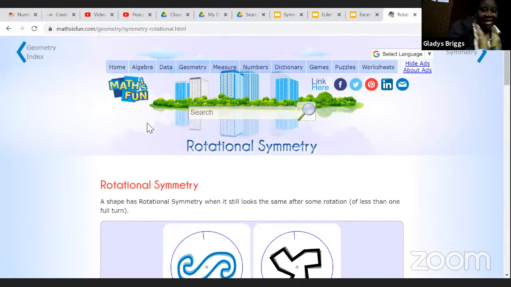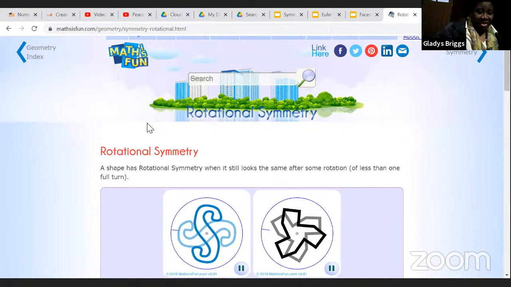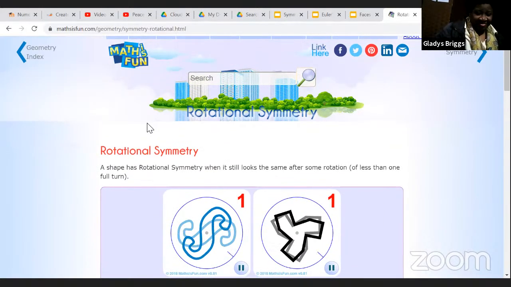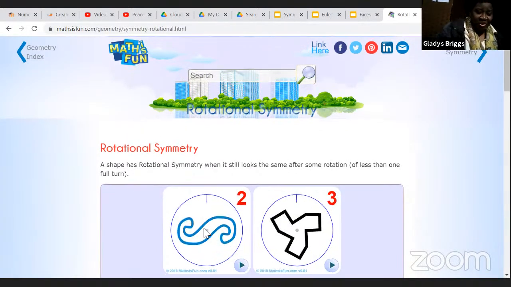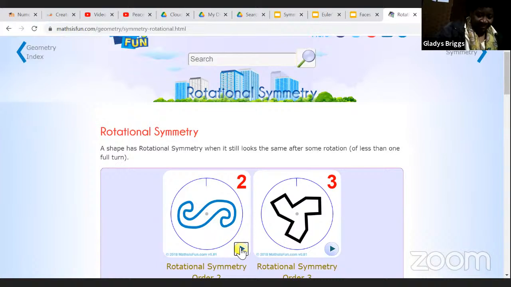Okay, I think these guys, they have it. Yeah. Okay, watch. This one, watch this one. Let's play this one. 1, 2. Have you seen it? So it's a full 360 degrees turn, but it will come back onto itself at 180 degrees, and then it will come back onto itself again at 360 degrees.